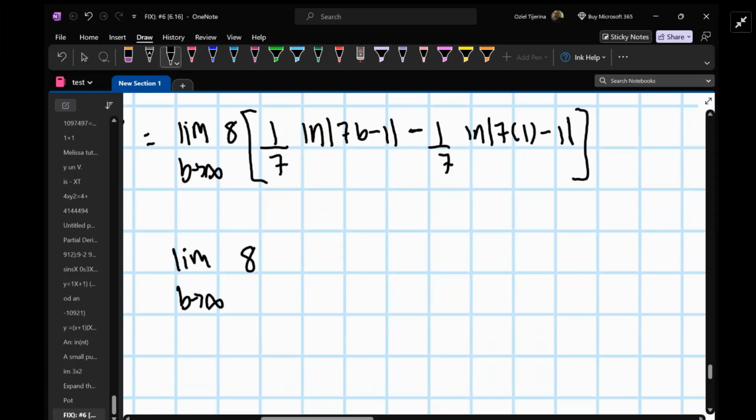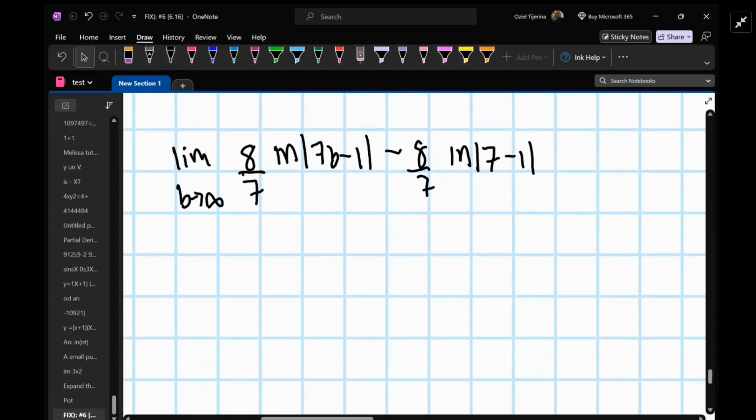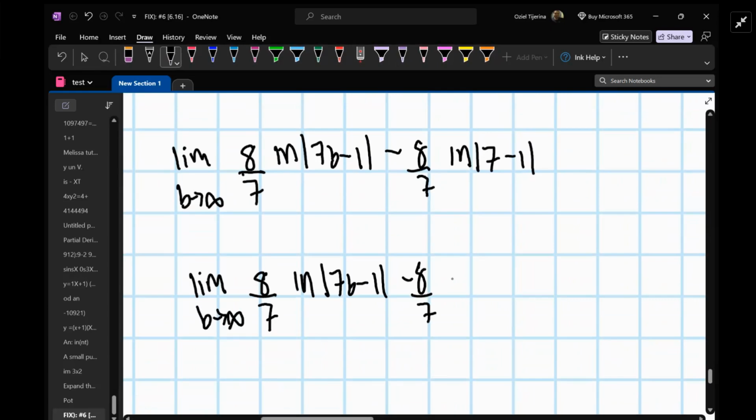If we substitute the 8 over 7, it doesn't make a difference. It's going to be the limit as b approaches infinity of 8 over 7 natural log of 7b minus 1 minus 8 over 7 natural log of the absolute value of 6.